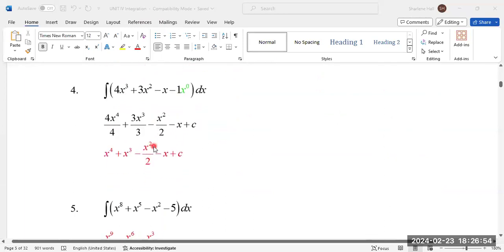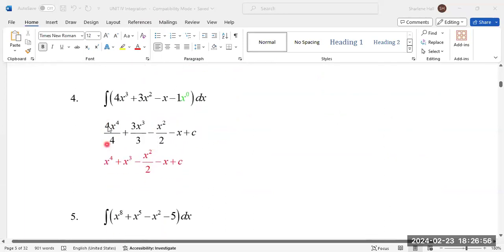Tell me if you have any questions for me. What I did was to cancel out. The 4's cancel out, so I'm just left with x to the 4th. The 3's cancel out, so I'm just left with x cubed. The x squared term remains as is, so does the x term, plus c. And what you have in red is my final answer.